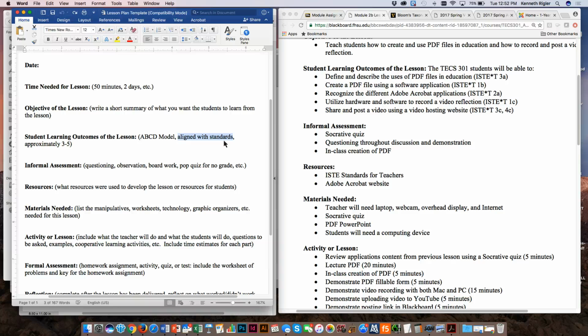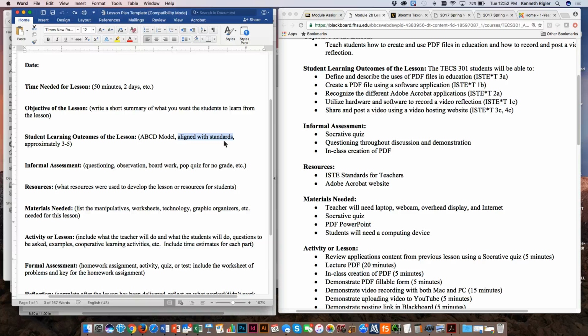But what you want to identify is, so if we're teaching multiplication, what might an outcome be like? Students may, let's see, so 4th grade math students will be able to multiply using 7s.